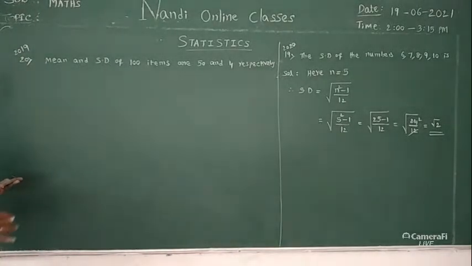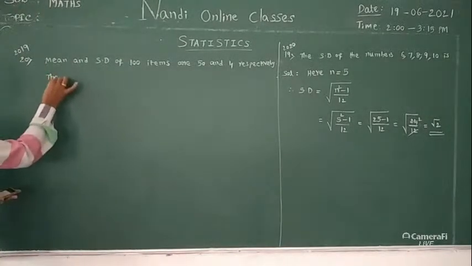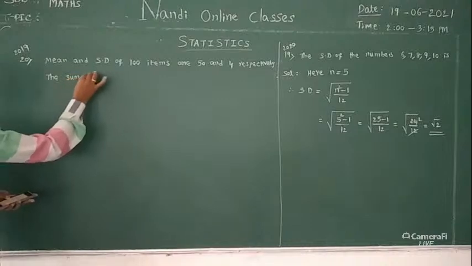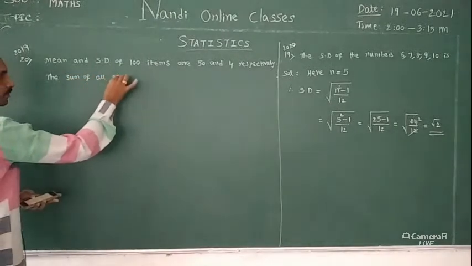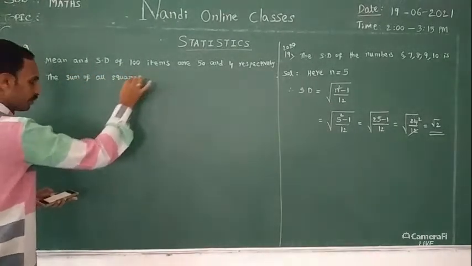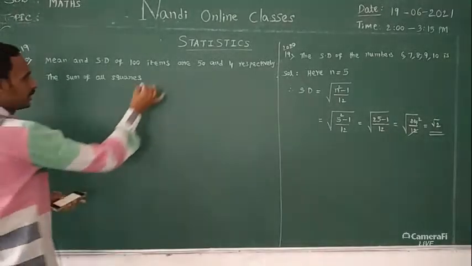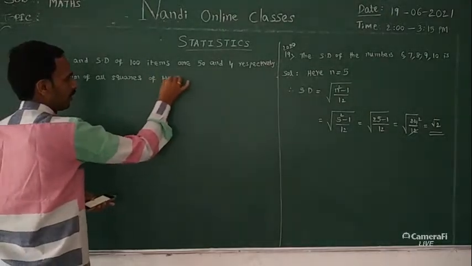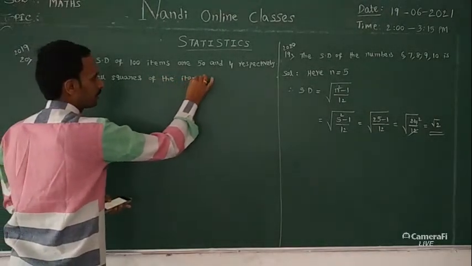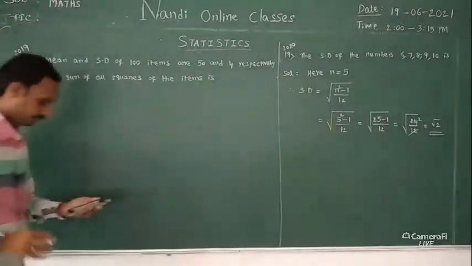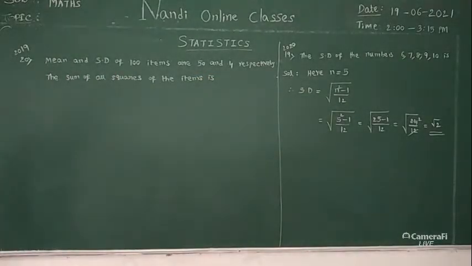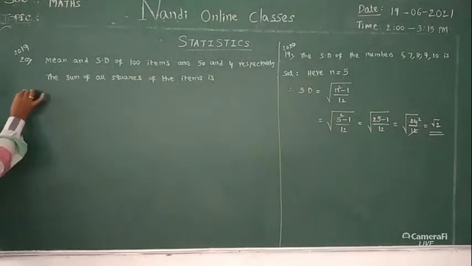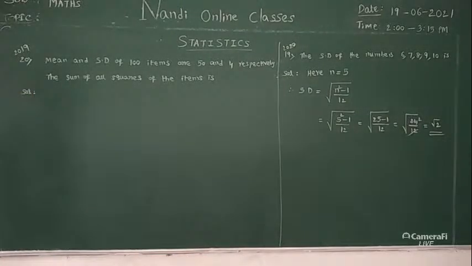The sum of all squares of the items is... Okay, solution. Understand the problem.